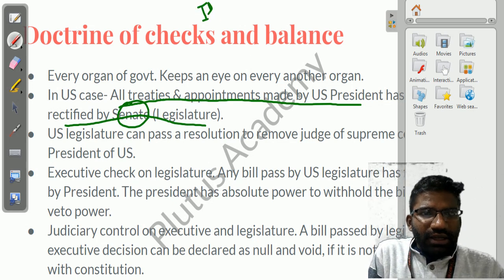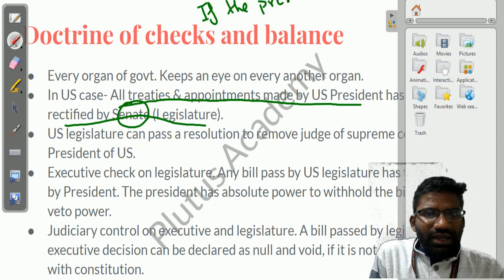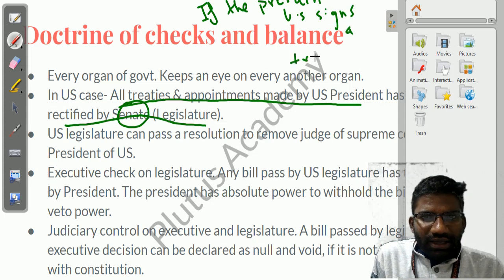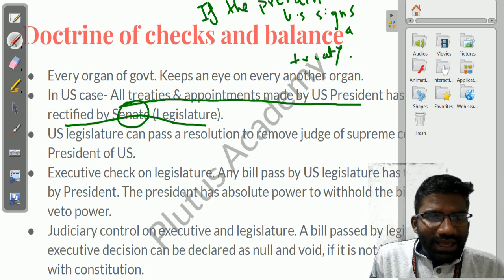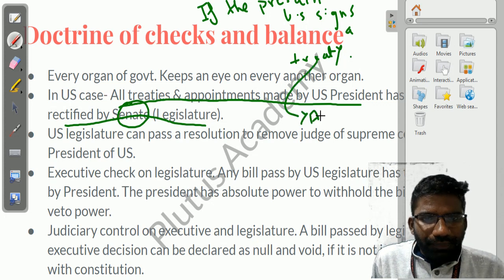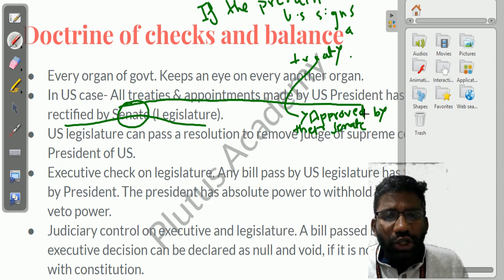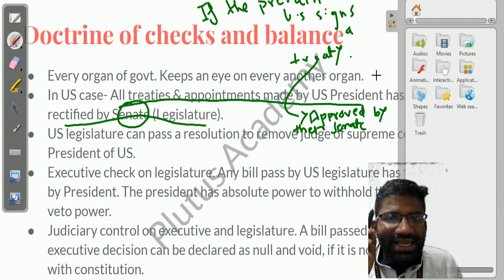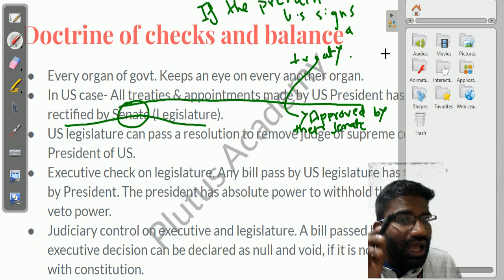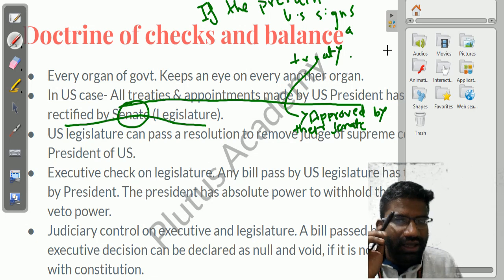If the President of the US signs a treaty, then the treaty has to be approved by the Senate. That means without the approval of the Senate, the treaty won't come into existence. That means in this case, the legislature or the Senate has higher power compared to the executive, that is the US President. I hope you got it.